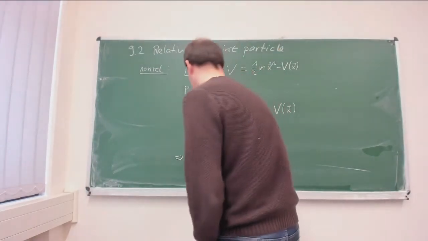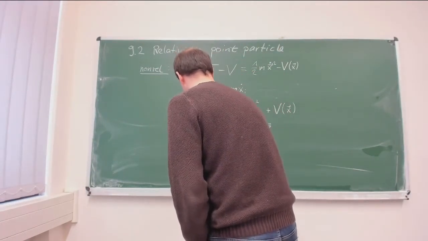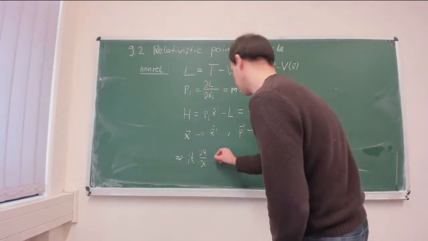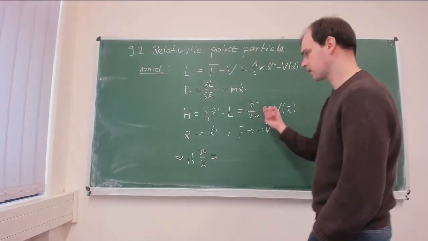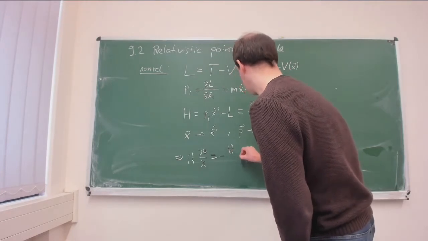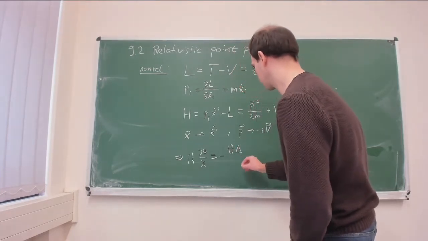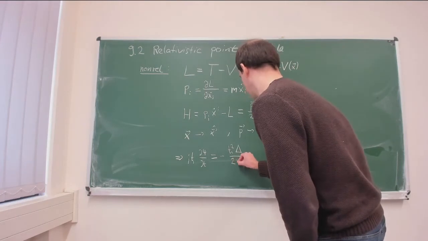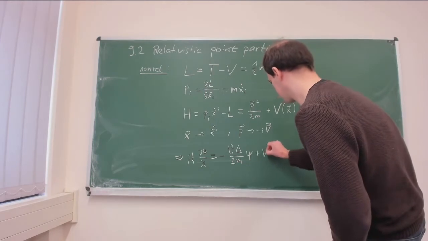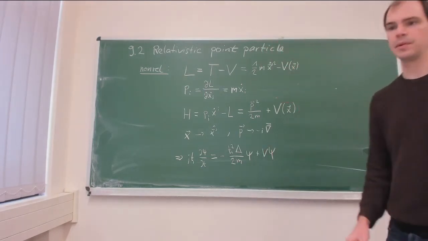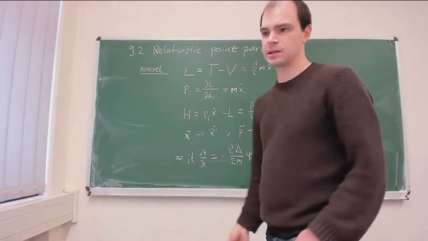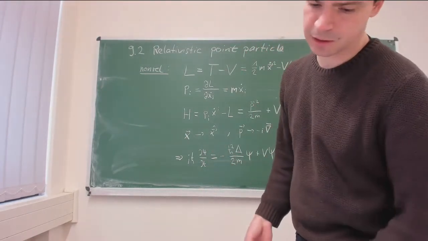So we get i h bar times the time derivative of the wave function equals this Hamilton operator. So this would be minus h bar squared Laplace operator divided by 2m times psi plus V psi. Okay, so this is how we end up with the Schrödinger equation, just in a very thorough explanation.